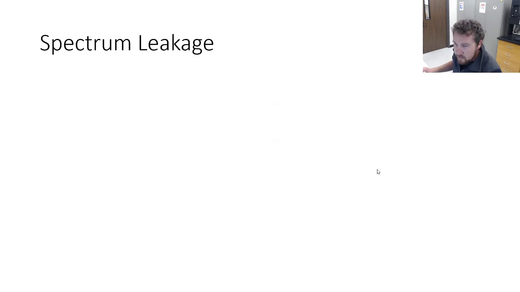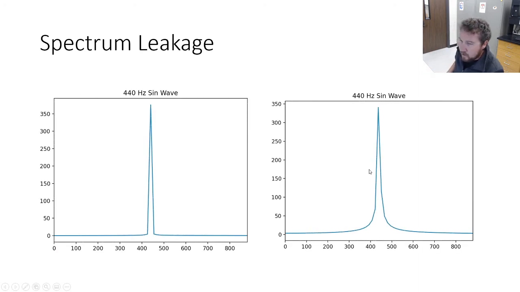Now, if we put both of these signals next to each other, you can see a little bit more clearly. The one on the left-hand side was the pure sine wave, and the one on the right-hand side is the one with a discontinuity. So you can really see the difference between the impulse functions. The one on the left is a very clean impulse function, and the right one has this spectrum leakage off the sides.